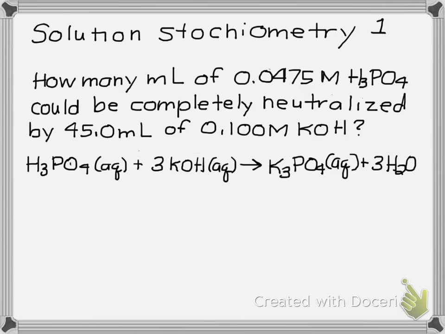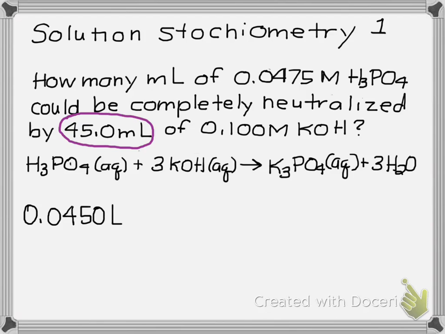Remember, that's what we need to use the ratio from the balanced equation to connect KOH to H3PO4, or phosphoric acid. So in solution stoichiometry, you're going to start with the volume, so the 45 milliliters, but it has to be in liters, so divide by 1,000, or another way to do that is move the decimal place 3 places to the left.